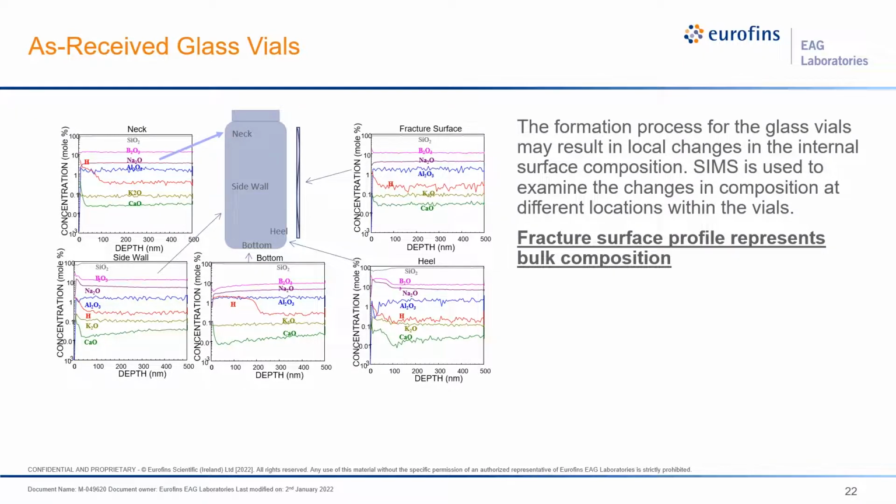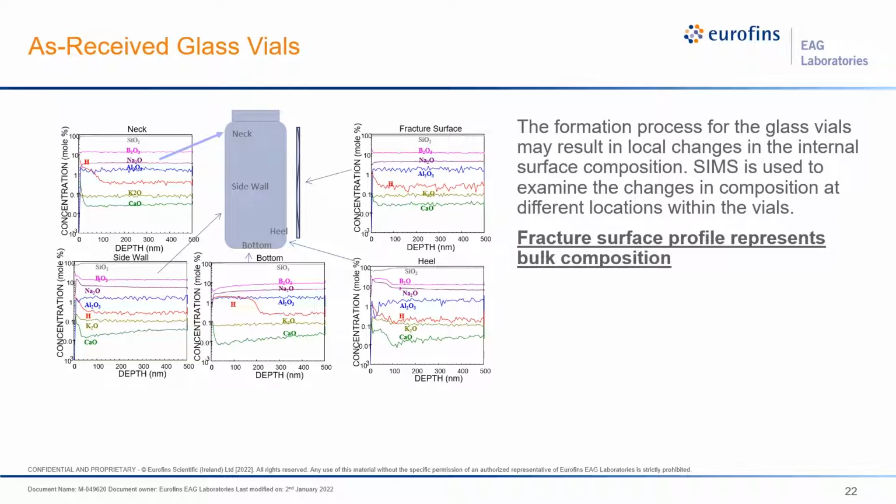The net profile comparison to the fracture surface seems to have very little change in composition, except for some hydrogen penetration, but really the rest of the composition is not changing very much. In the sidewall region, we see that there is some modification, but really it is a very thin layer, maybe 5 to 10 nanometers of layer change.